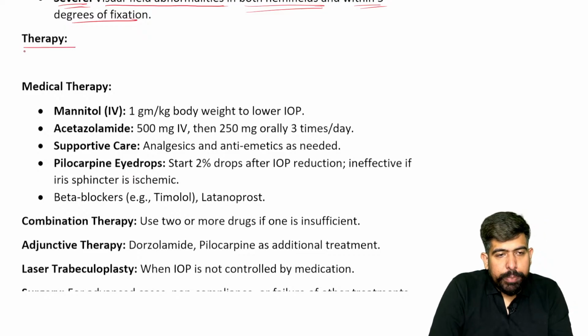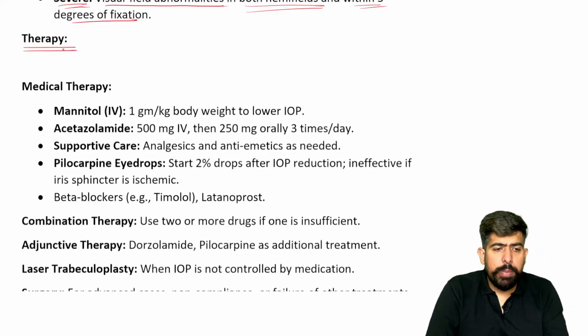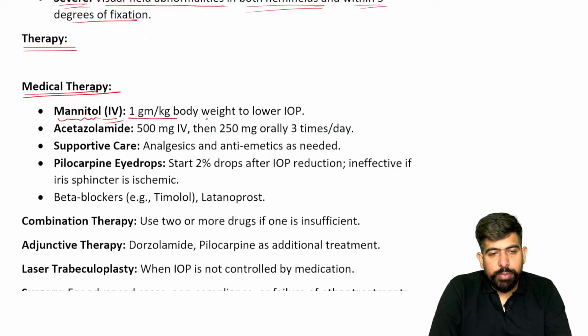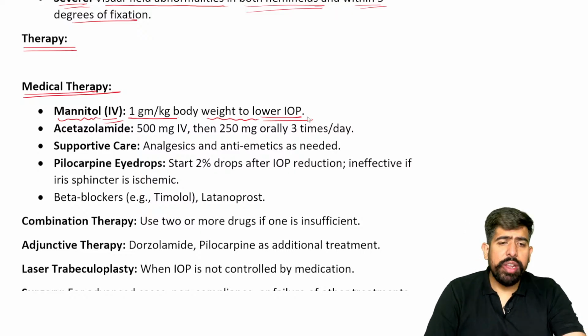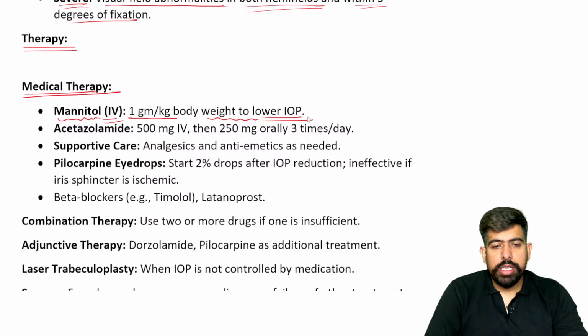What kind of therapy should be given in this? Please remember, we can use medical therapy. In medical therapy, we can give mannitol IV, 1 gram per kg body weight, to lower the IOP where the intraocular pressure is increased. So first of all, we have to lower your intraocular pressure.